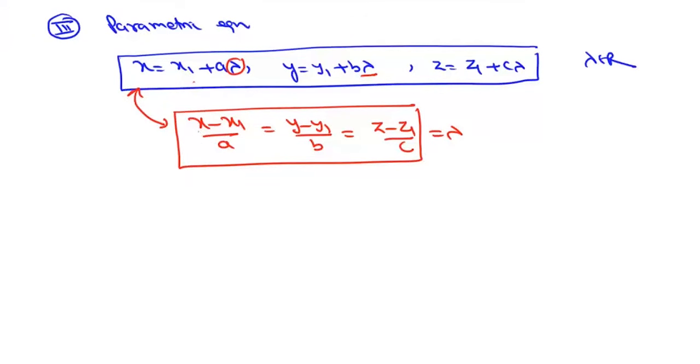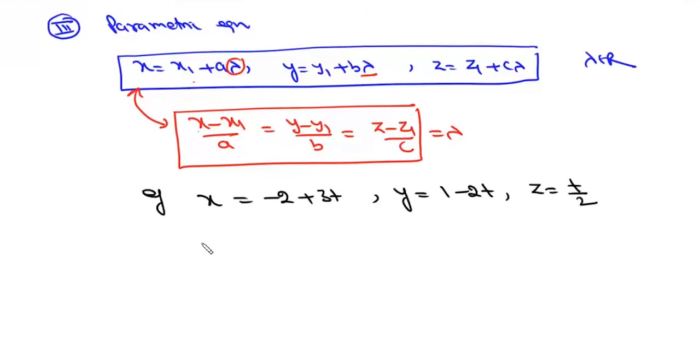Now say for example, suppose we are given this straight line which is x equals minus 2 plus 3t, y equals 1 minus 2t, and z equals t by 2. Now we find t from this. It will be x plus 2 upon 3.